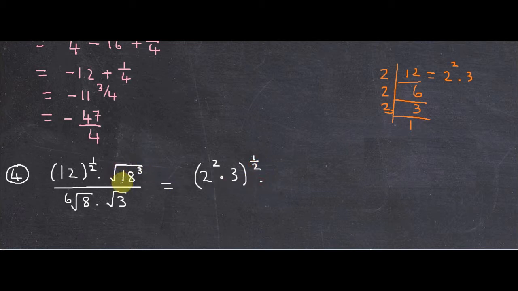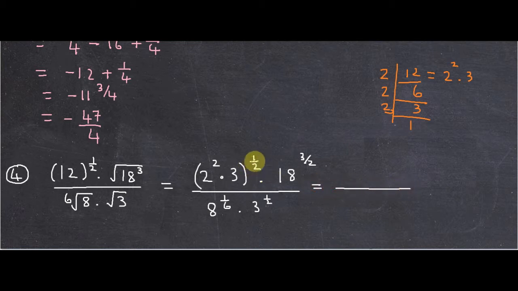Here we can get rid of the third and write it as 18 to the power of 3 over 2. We can also get rid of the third here. It's going to be 8 to the power of 1 over 6 and 3 to the power of a half. We can apply the power to everything inside the brackets.